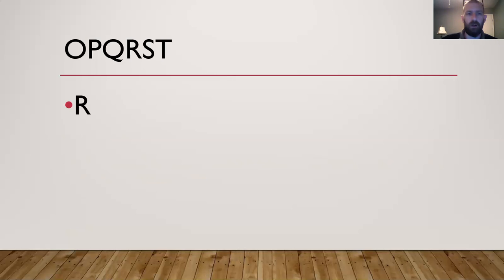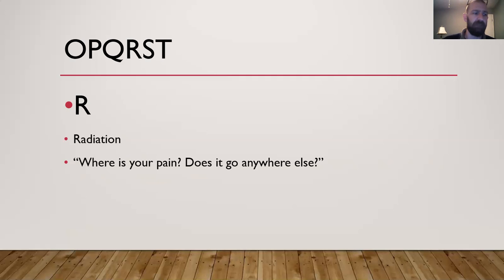All right, R. R means radiation in this case, and this one is basically just for pain. We want to know where the pain is in their bodies, but the radiation part is, does it go anywhere else?